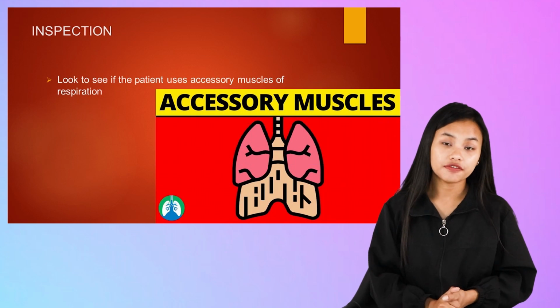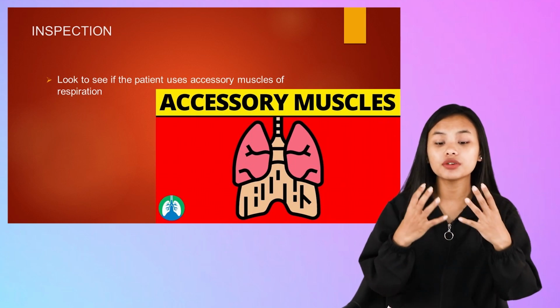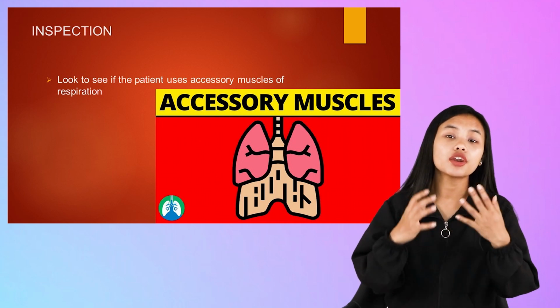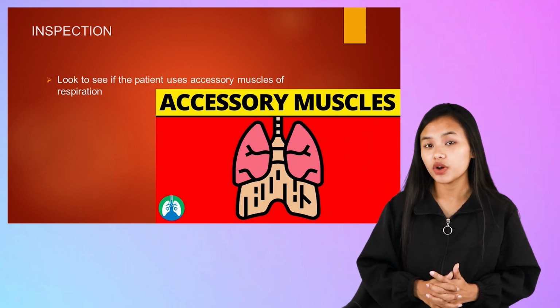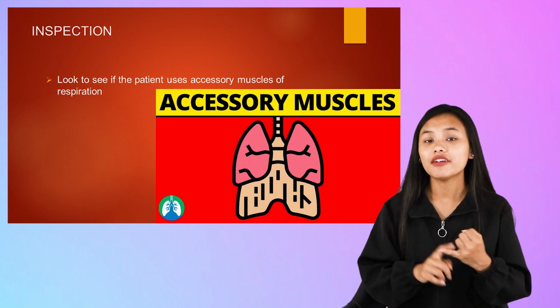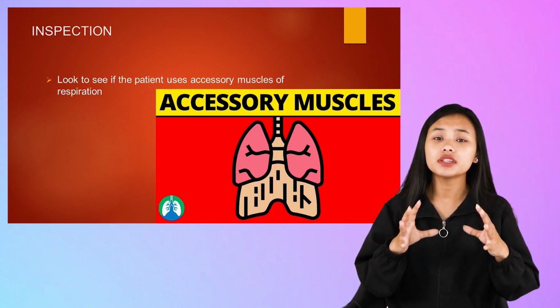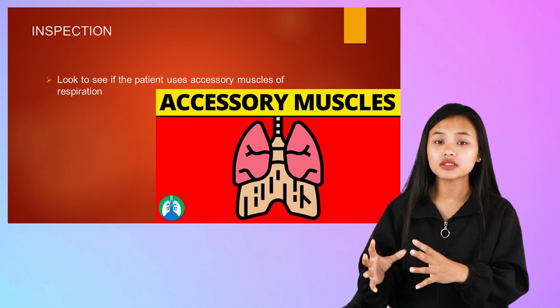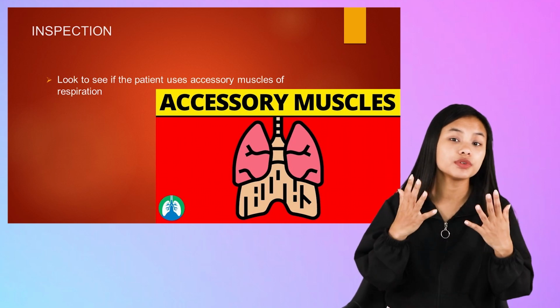You should also try to find out if the client is trying to make use of the accessory muscles of respiration in order to be able to breathe in and breathe out. Why? Because while breathing, it usually involves the use of the diaphragm and the intercostal muscles, right? And if the client does not use these muscles when they are breathing and they use the accessory muscles, then this should be noted.